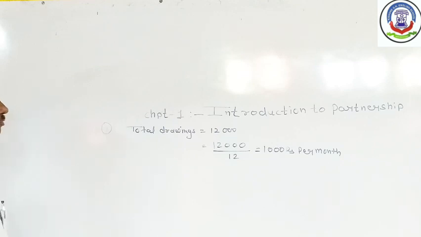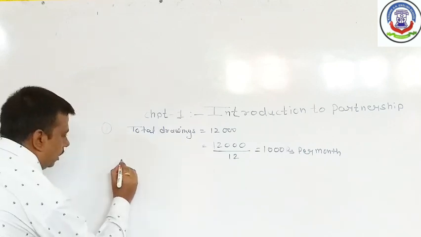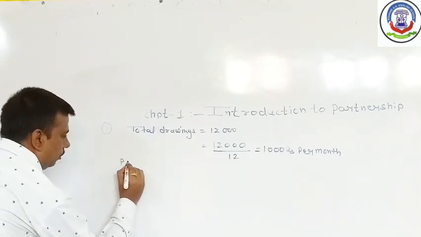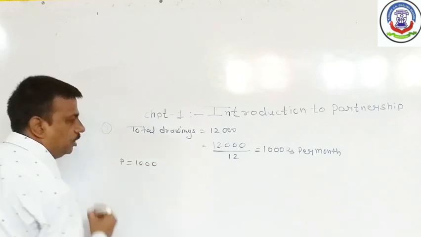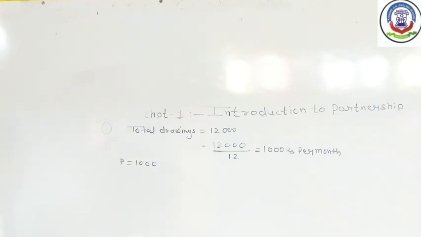Now we have to find out the interest on drawings of the partner. For the formula, first we write the principal amount, which is rupees 1,000, and the rate of interest, 12%.